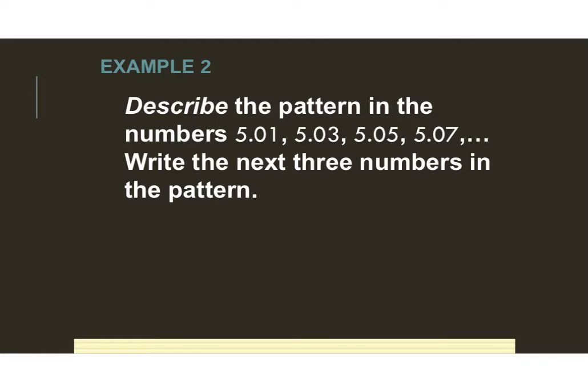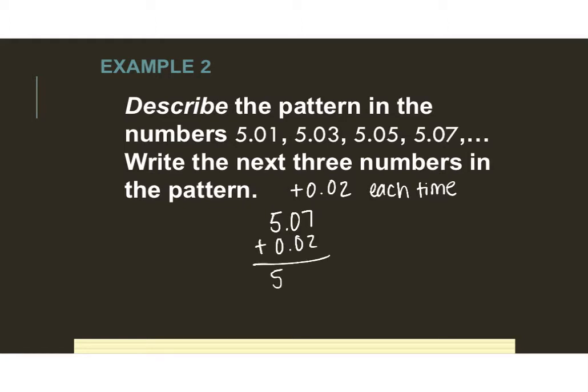All right, so example 2. Describe the pattern in the numbers 5.01, 5.03, 5.05, 5.07, etc. Write the next 3 numbers in the pattern. So our pattern is pretty obvious for this one. They're adding 0.02 each time. So the next number in the pattern should be 5.07 plus 0.02, which will give us 5.09.